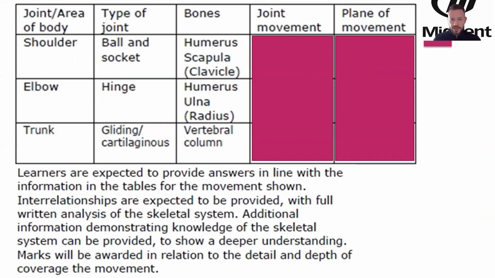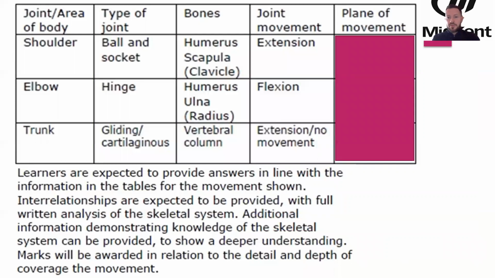So again, the answer's there in that column. And then the type of movement that's being produced by the skeleton. So in this case, it's extension, skeleton's extending, flexing, or no movement in the case of the trunk, or slight extension because there'll be a slight arch in the back.